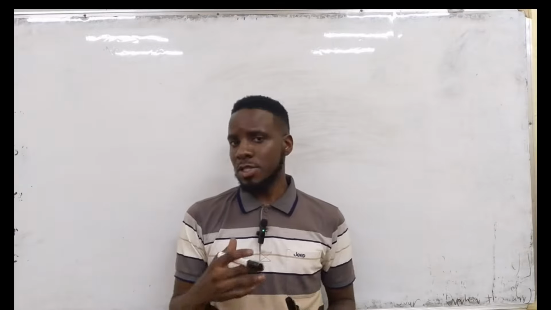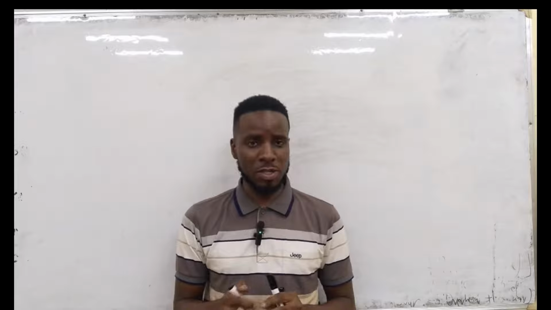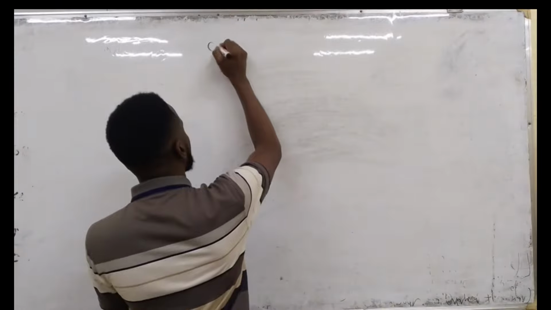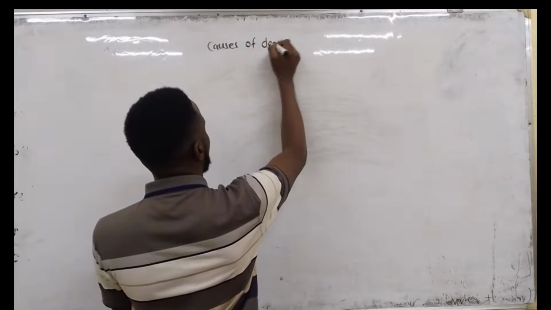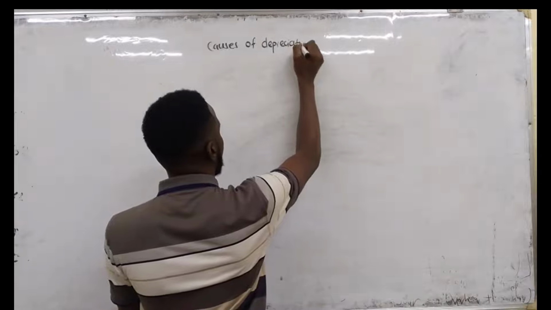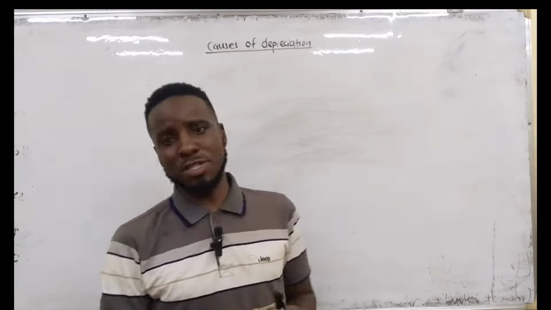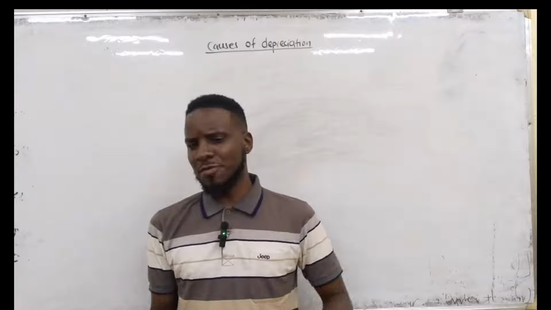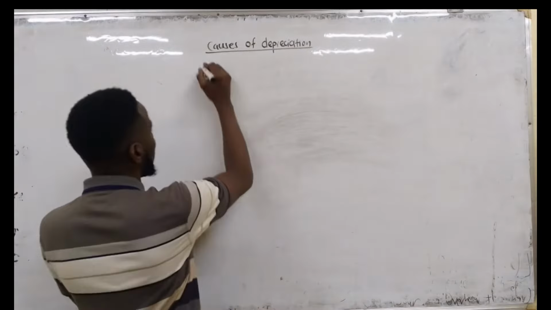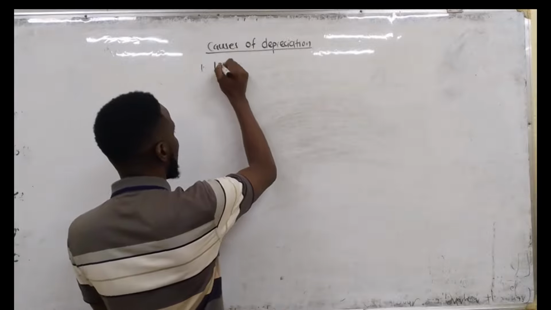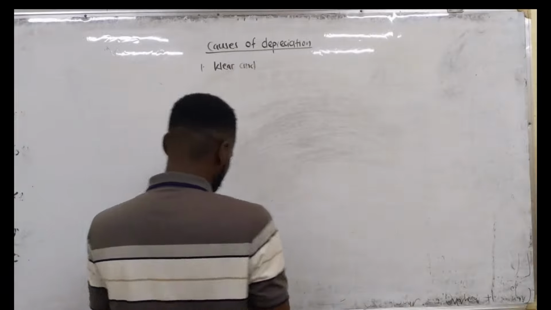So when it comes to depreciation, we have what they call causes of depreciation. What brings about depreciation? What brings about loss in value of a non-current asset? One of that we have what they call wear and tear.